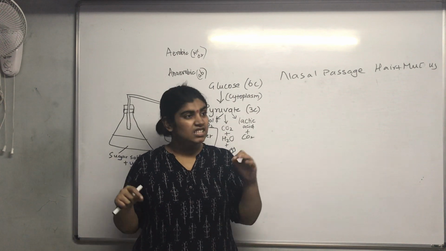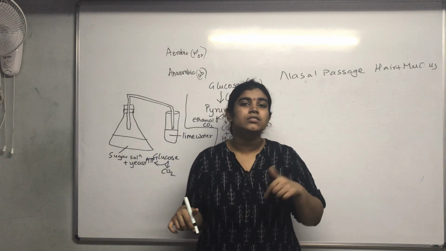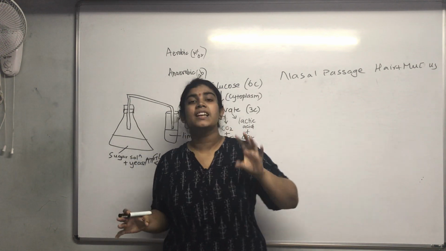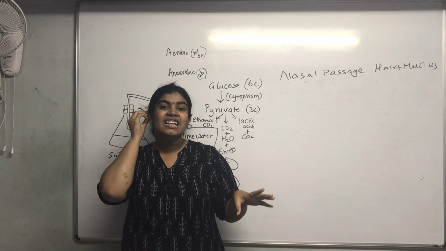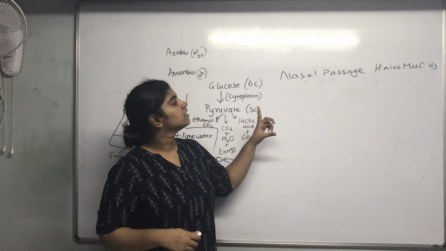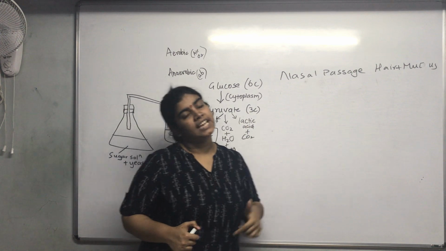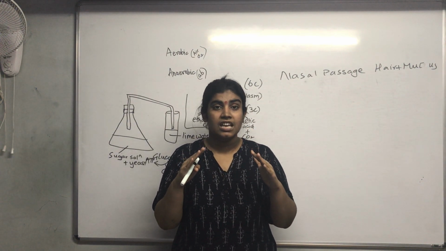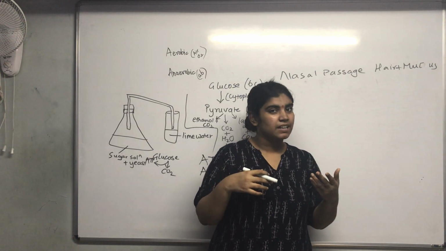So these particles cannot be allowed to enter your lungs. Why? It's simple, because accumulation of these particles leads to lung damage. So the nasal passage, along with the hair and mucous membrane, just separates them. And when there are too many of these particles, what do you get?